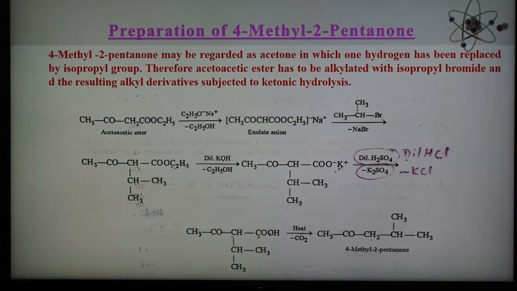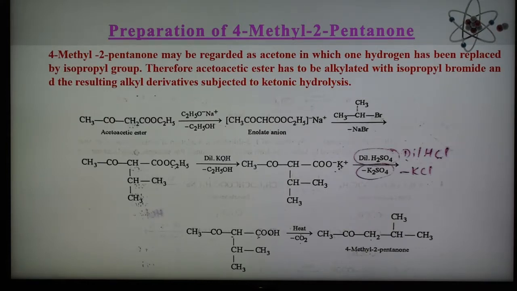So by using all these three steps we can synthesize 4-methyl-2-pentanone, and as we know, 4-methyl-2-pentanone may be regarded as acetone in which one hydrogen has been replaced by an isopropyl group. Therefore acetoacetic ester has to be alkylated with isopropyl bromide, and the resulting alkyl derivative is subjected to ketonic hydrolysis.